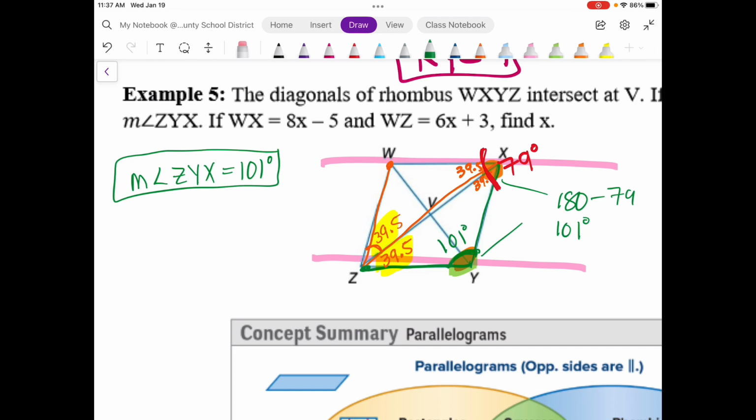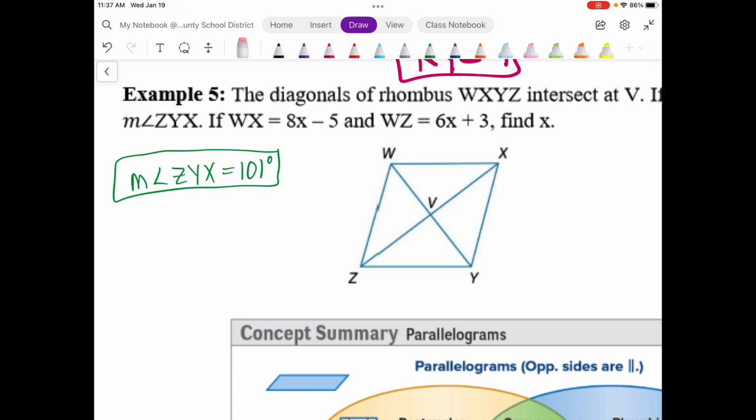Okay. Now the last piece, I'm going to erase this so we can label what we have. We have WX, which is up here. That's 8x minus 5. And then WZ, which is on the side, 6x plus 3. Now, because this is a rhombus, I know that all sides are congruent. So I'm just going to set them equal to each other.